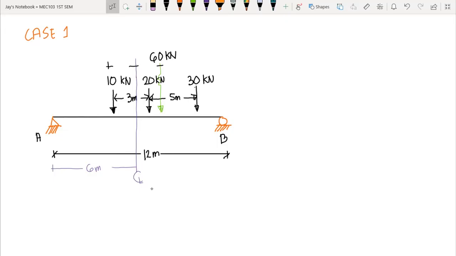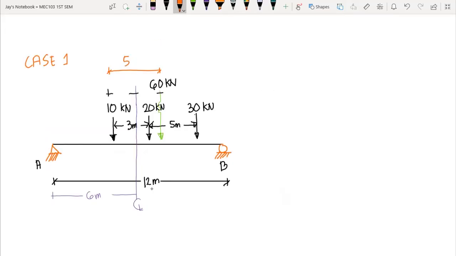So let's first solve the maximum moment under the 10 kilonewton load by placing their midspan on the center line. Now, we know that the distance between 10 and 60 here is equal to 5 meters, correct? So from the center line to 10 kilonewton is 2.5 meters, and from the center line to 60 kilonewton is 2.5 meters as well.